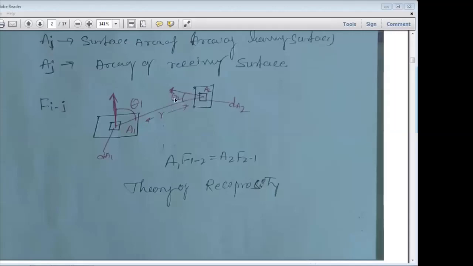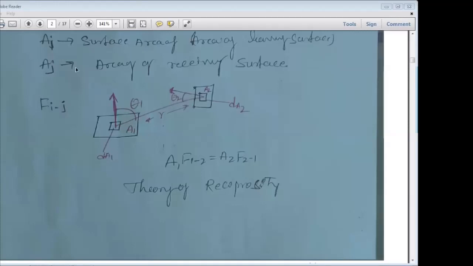This is called the normal, which is at an angle of theta 1 to the surface area A1, which radiates like a black body. The radiation falls on area 2, and reflection takes place at theta 2.